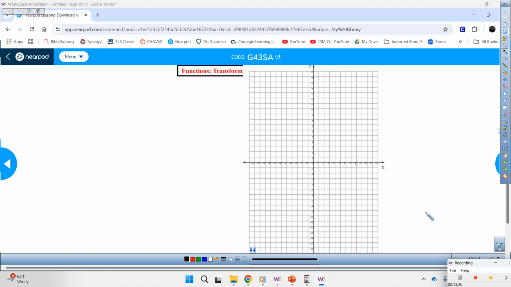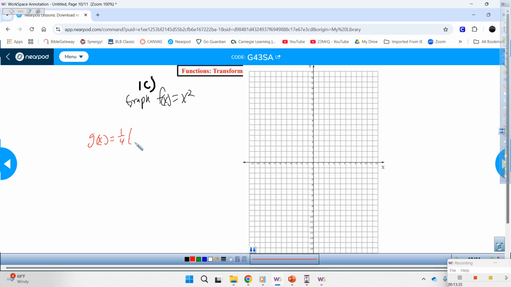So, this one we're going to do, example 1C. And it said graph f of x equals x squared. Yes? All right. And then we're going to do the transformation of g of x equals 1/4 (x what? Read me the rest, Gio.